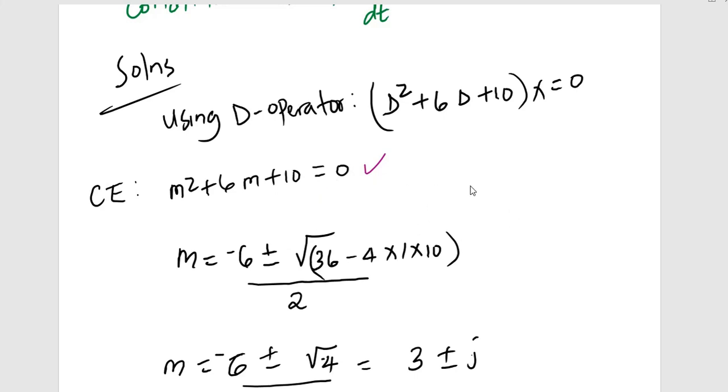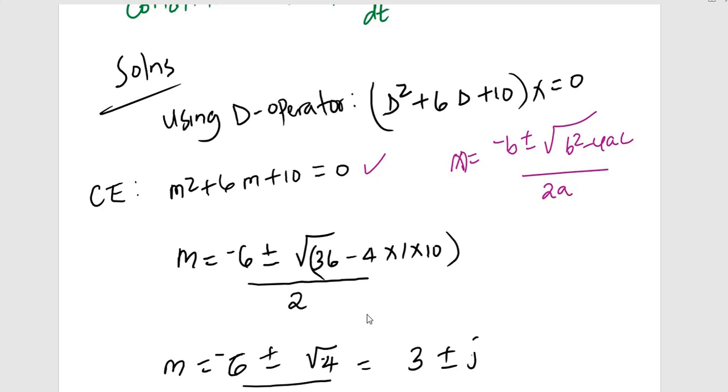So now we're using the formula m is equal to minus b plus or minus the square root of b squared minus 4ac, divided by 2a.